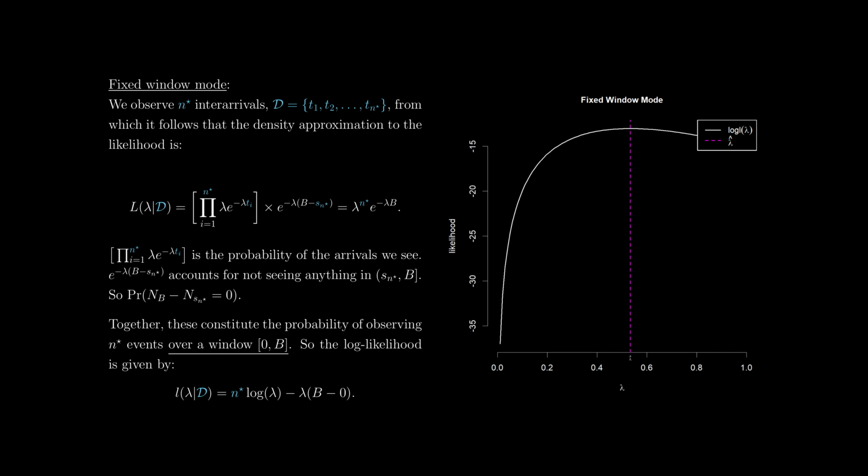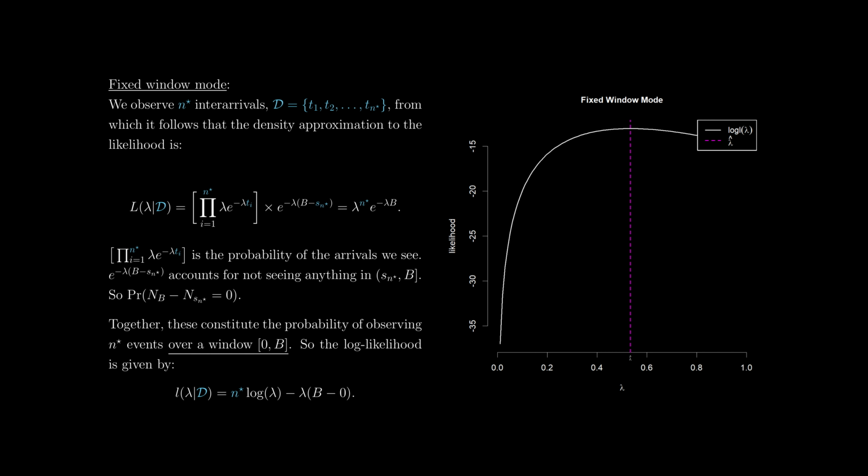It has two components. The first component consists of the component that we'll recognize immediately. It's just, again, the product over i running from 1 to n star, where again n star is now random, of lambda times e to the minus lambda t_i. So the density, or the kernel, is given by the densities associated with the interarrivals that we observe over that window. That's the first component of the likelihood.